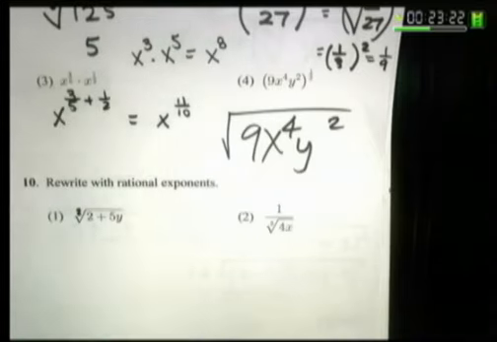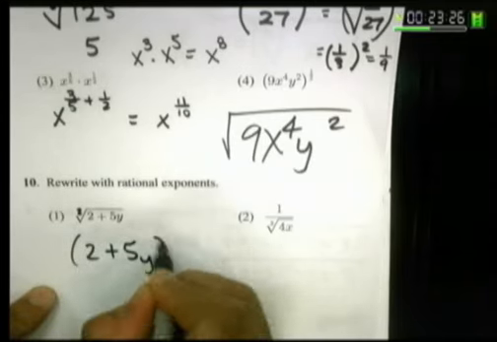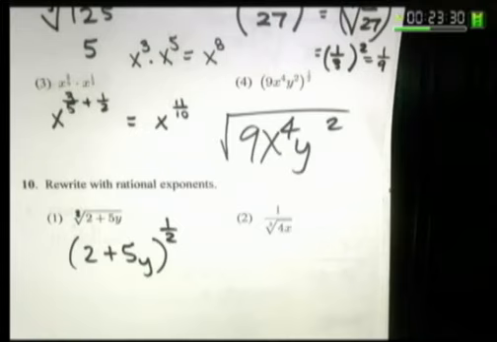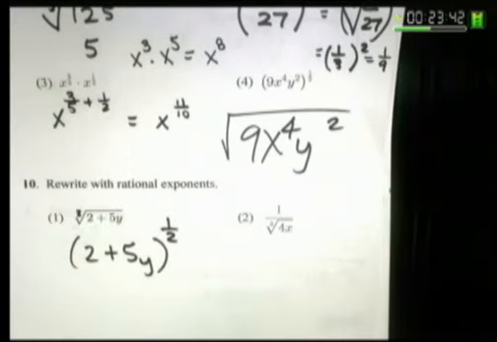And what's the power here? We don't see one, so it must be 1. So this really means 2 plus 5y to the 1/2 power. Doesn't it mean that? Yeah. Because we just said that the numerator is your power and the denominator is your index. So I'm just going in reverse now. My index must be my denominator and my power must be my numerator.